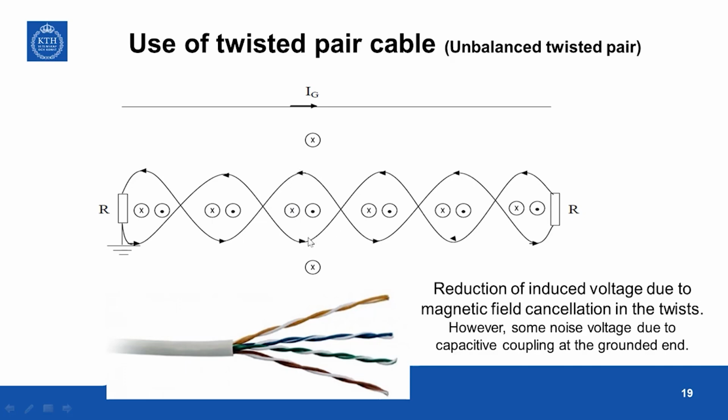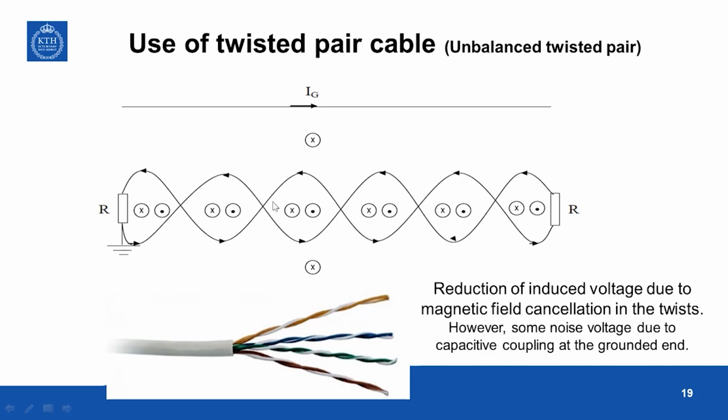So you have an EMF around this loop that will be cancelling the original flux. That can in principle produce a circulating current. Now some noise voltage due to capacitive coupling will still be there, because the loop is like this, so the magnetic field is coming out.